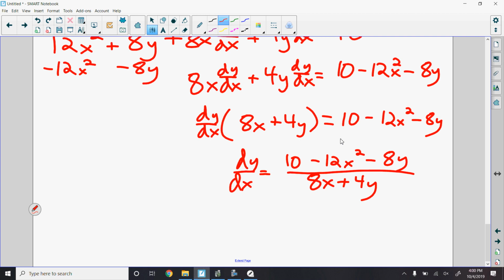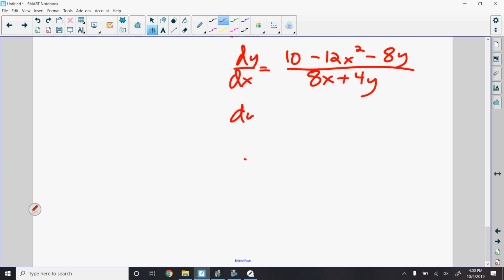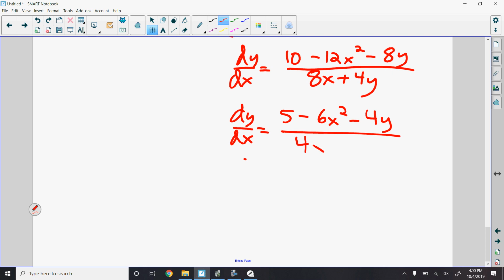But when I look at the coefficients here, 10, 12, 8, 8, 4, all of those numbers are divisible by 2. So I'm going to divide all the numbers by 2 in this equation, and I'll get a final solution of 5 minus 6x squared minus 4y over 4x plus 2y.